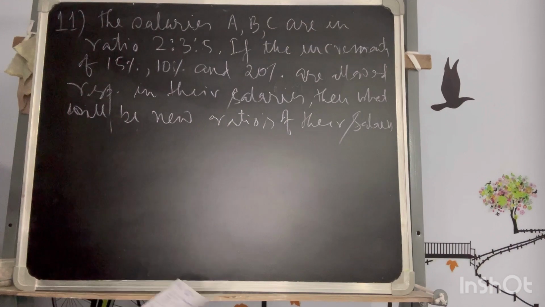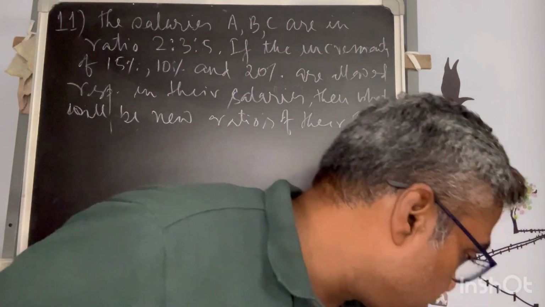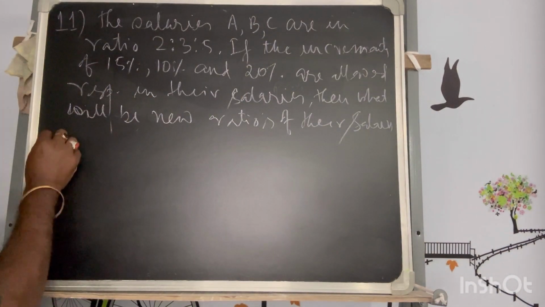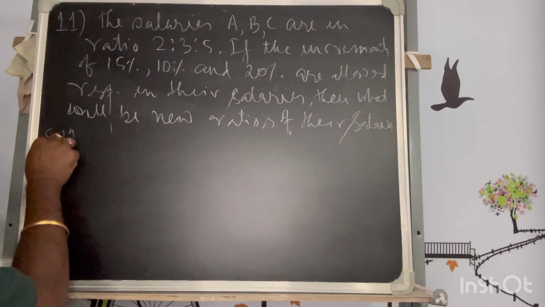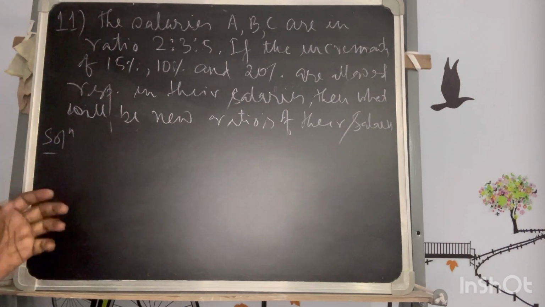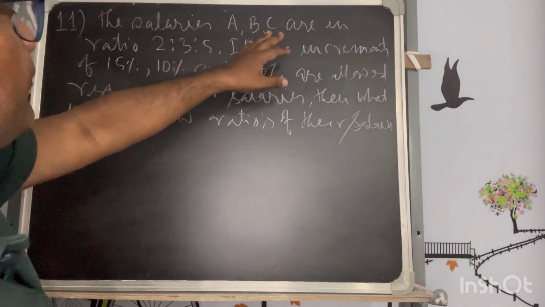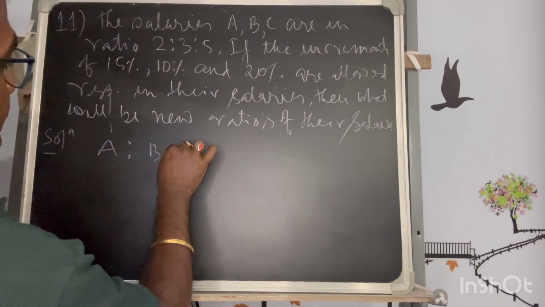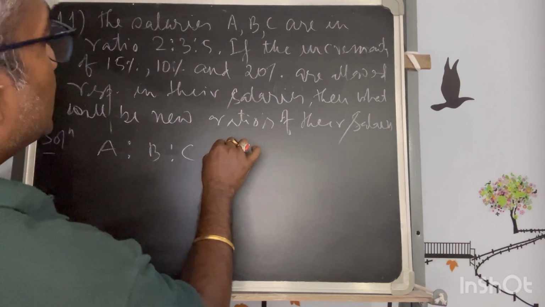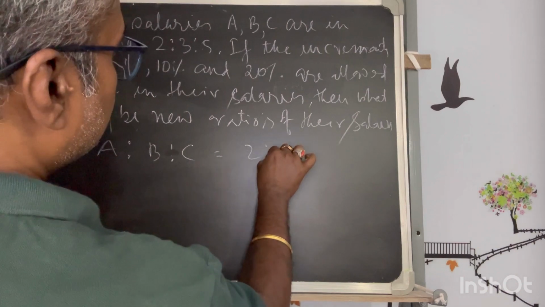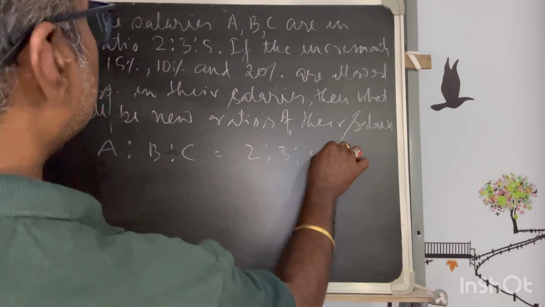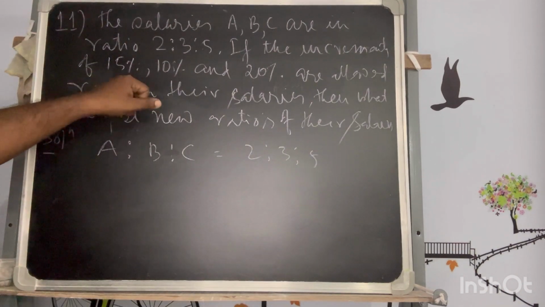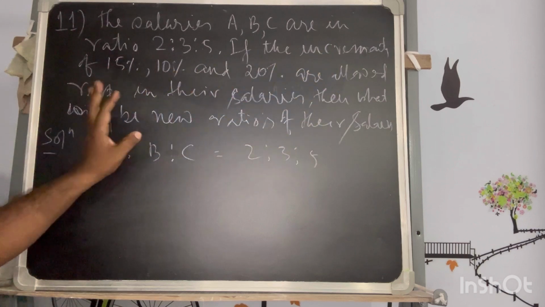Okay, so this is of a similar kind. We are doing a similar kind of problem. There may be a variation that will come in later on. So the salaries of A, B, C are in the ratio of 2:3:5. The increments of 15%, 10%, 20% are allowed respectively.